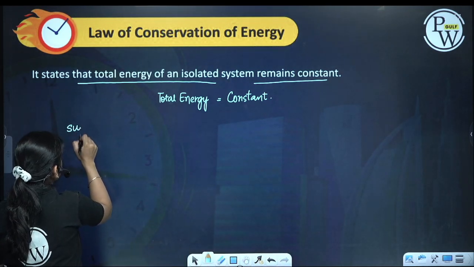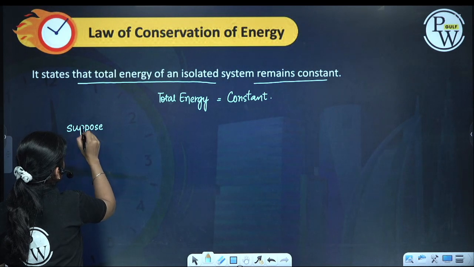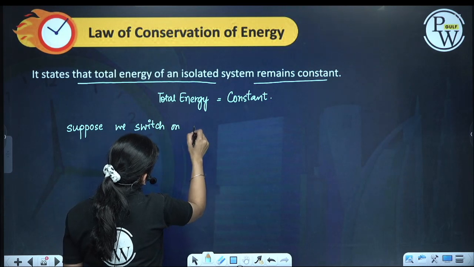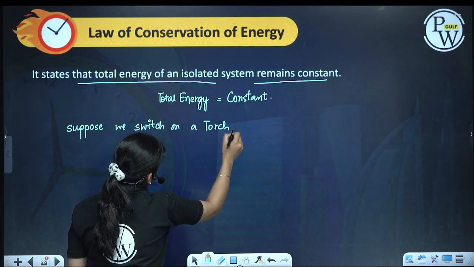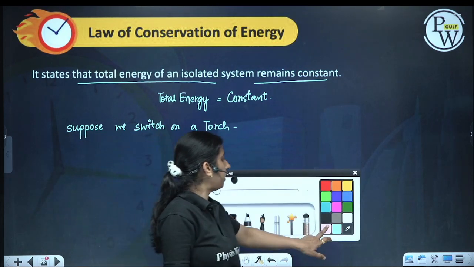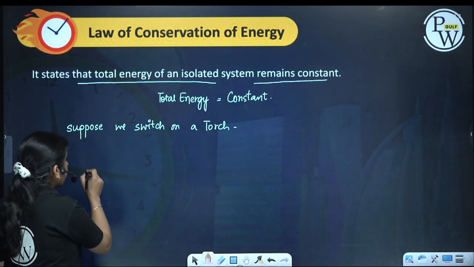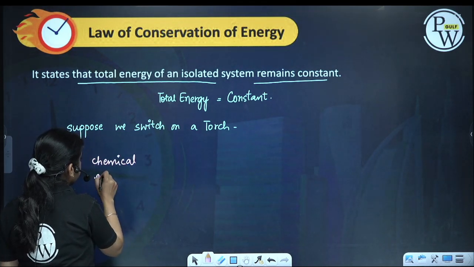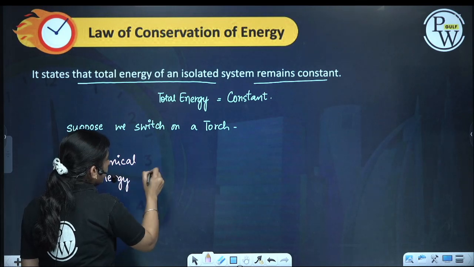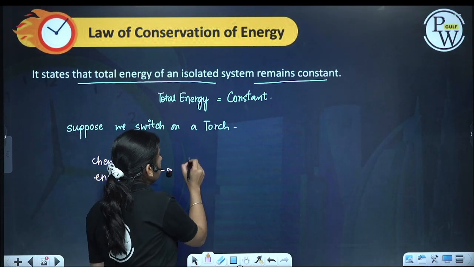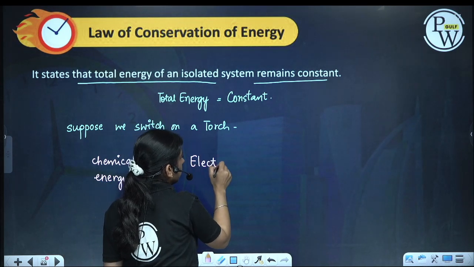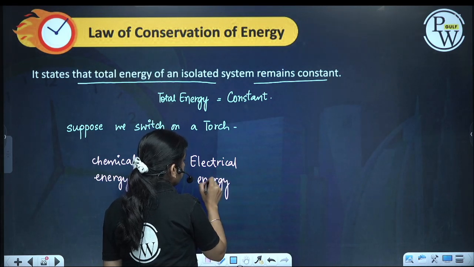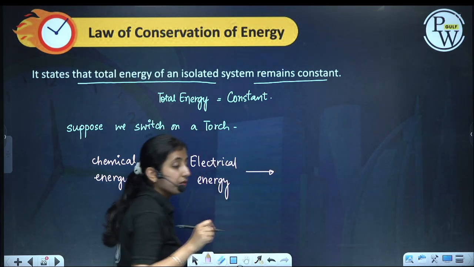Suppose we switch on a torch. What will happen? There is chemical energy stored in the battery, which gets converted into electrical energy, which makes charges move in the form of current.